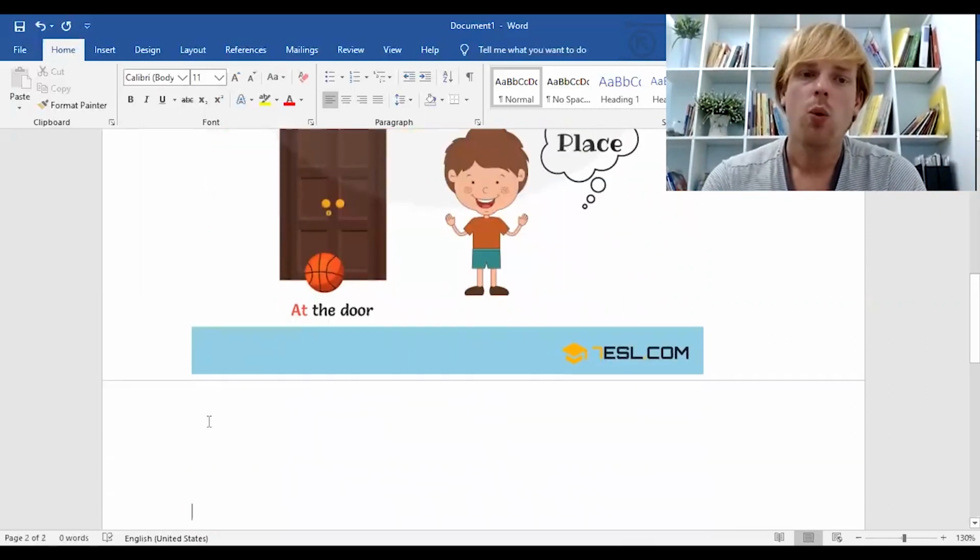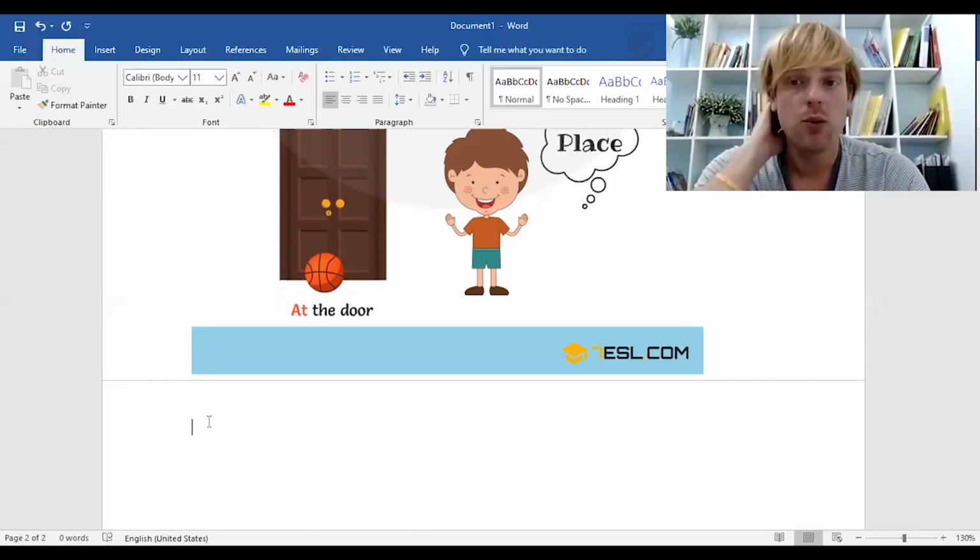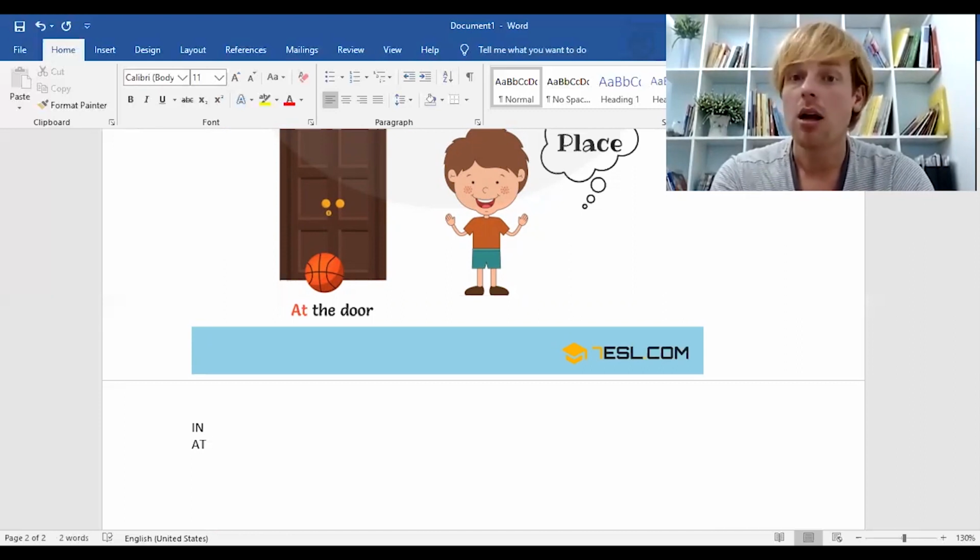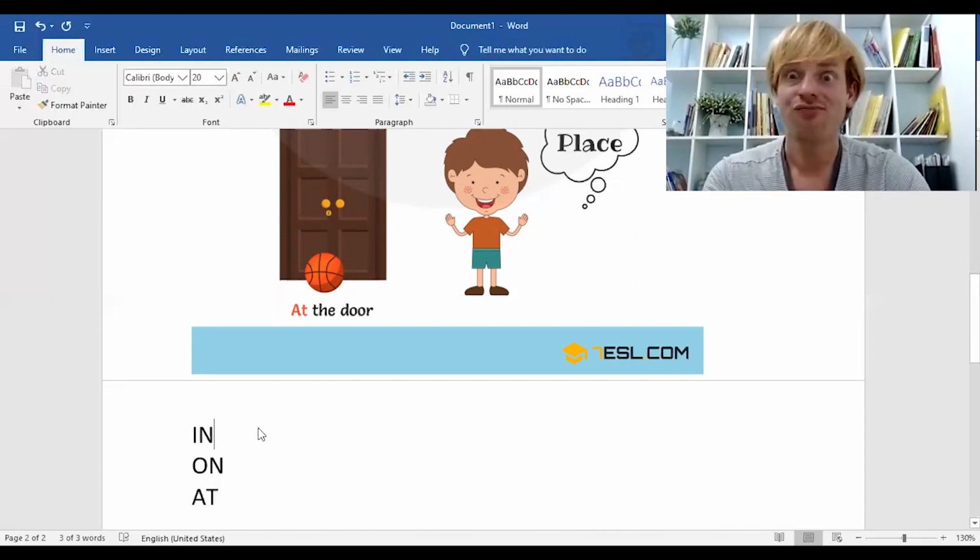Now, one more thing I'd like to talk about is prepositions of time, okay? We have many prepositions of time, but the easy one to remember is: in, at, on. Okay, in, on, at. Okay, let me make the text a little bit bigger. All right. So if we remember these, "in" is big.